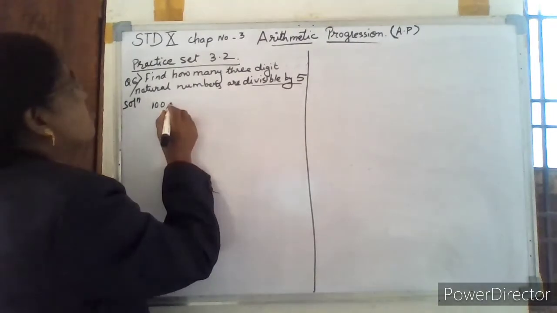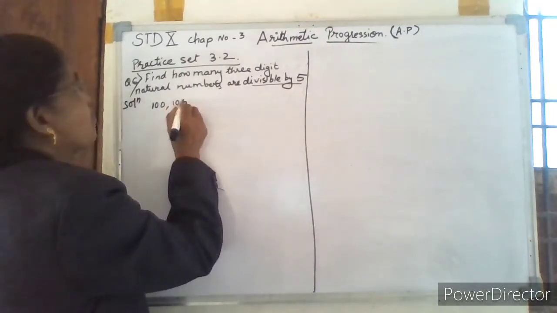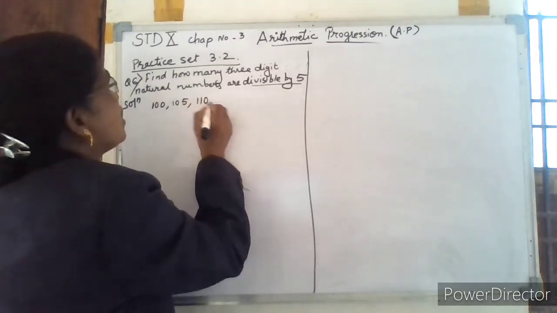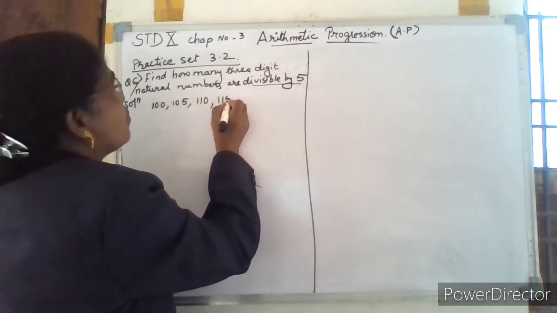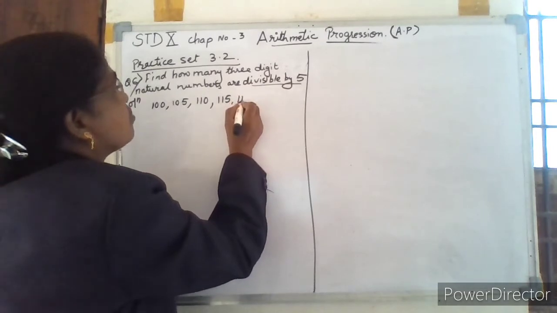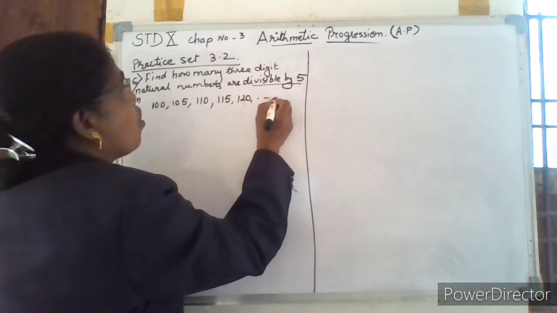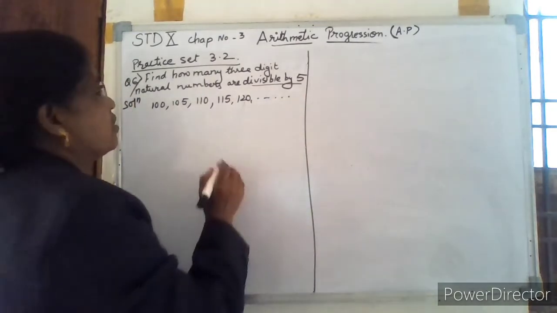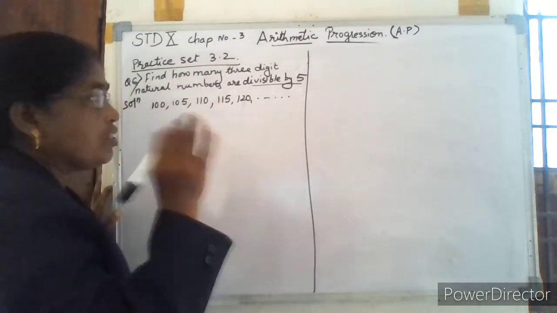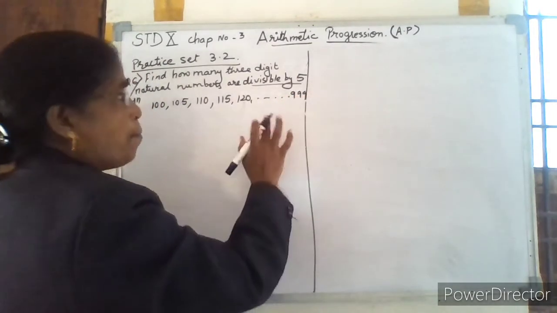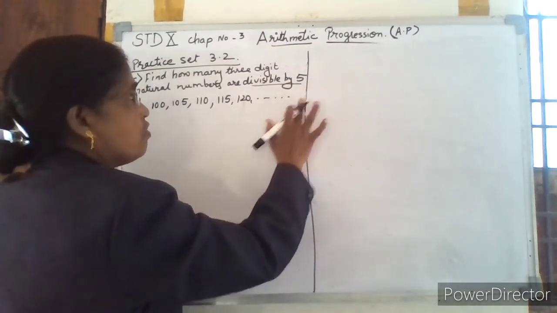Next number is 105, which is also divisible by 5. Next is 110, next is 115, next 120, and so on. But the last 3-digit natural number is 999, and this number is not divisible by 5.